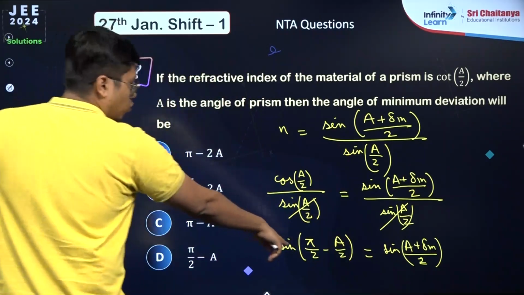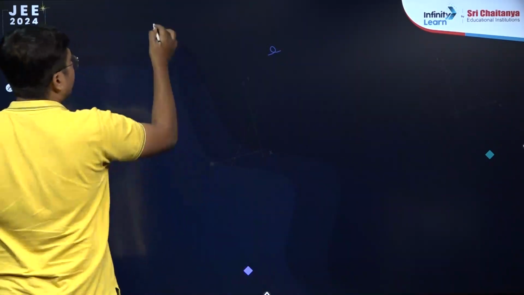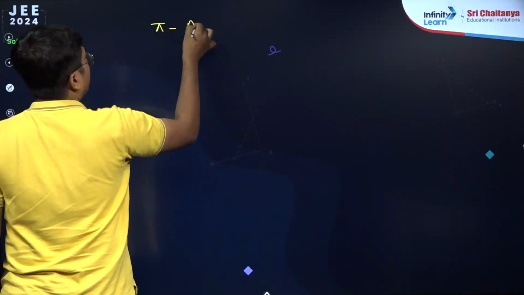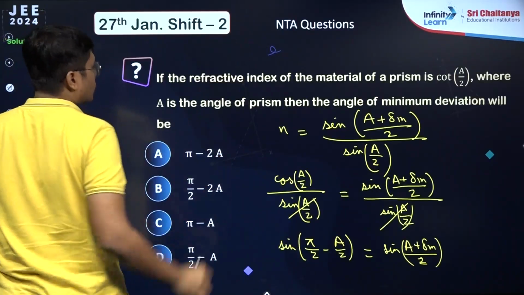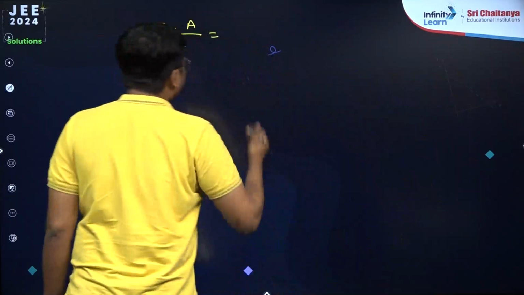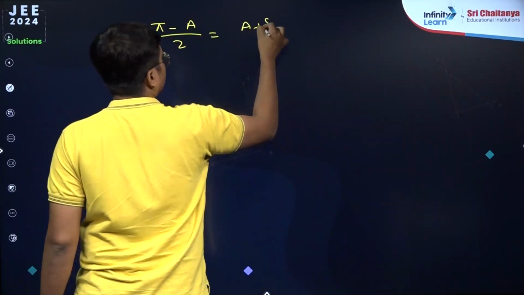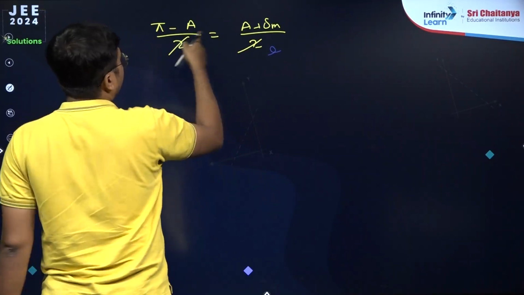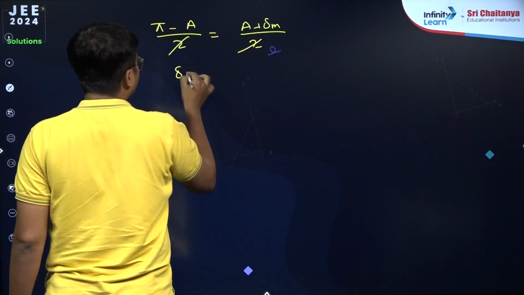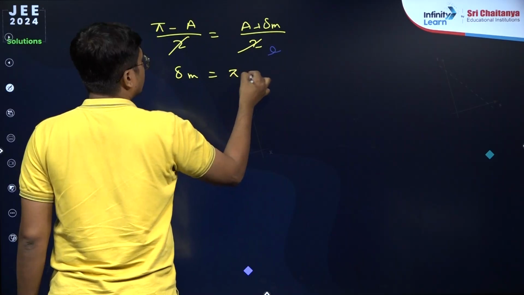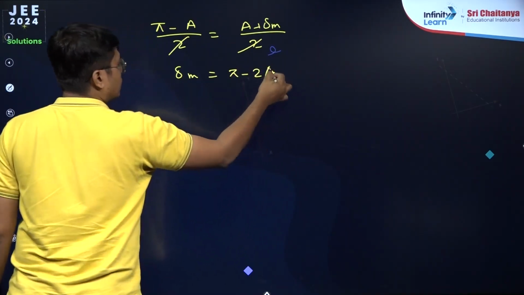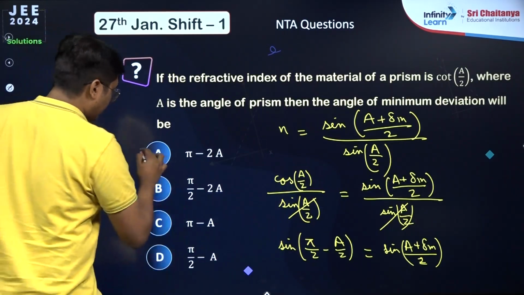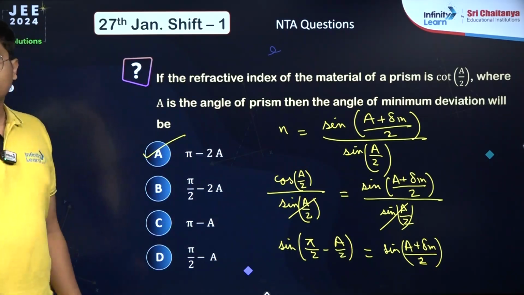So if I take 2 common over here, then I can write pi minus A divided by 2 is equal to A plus delta m by 2. Cancel the by 2's out. So you have pi minus A is equal to A plus delta m. So we get delta m is equal to pi minus 2A. That is the answer over here.